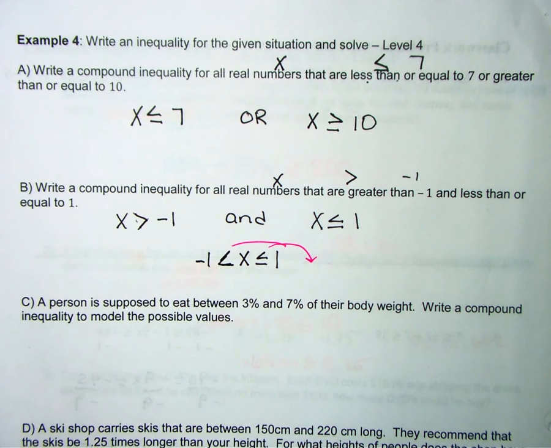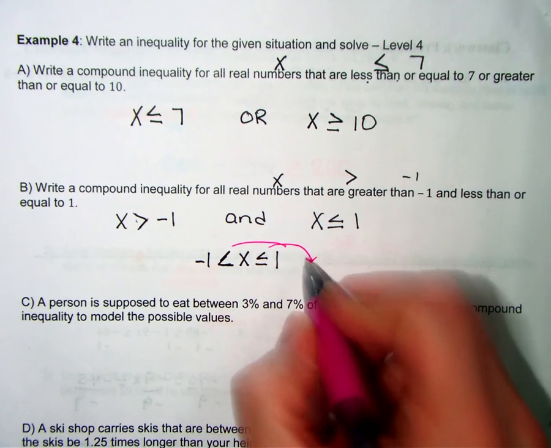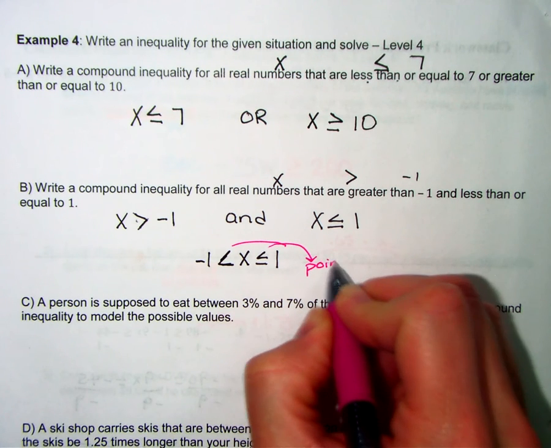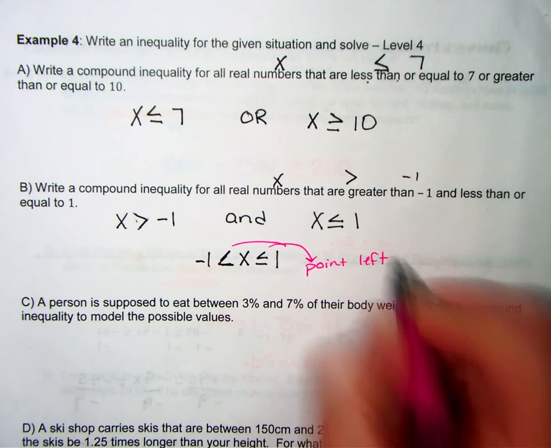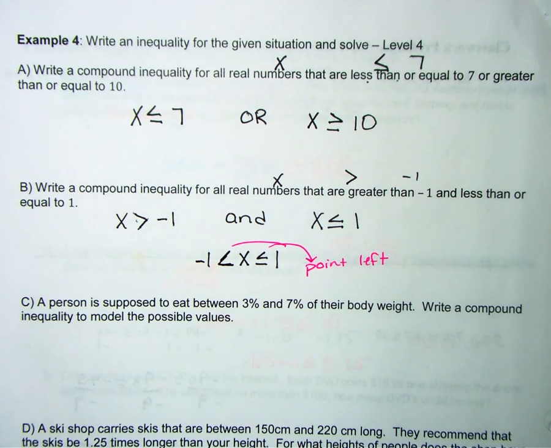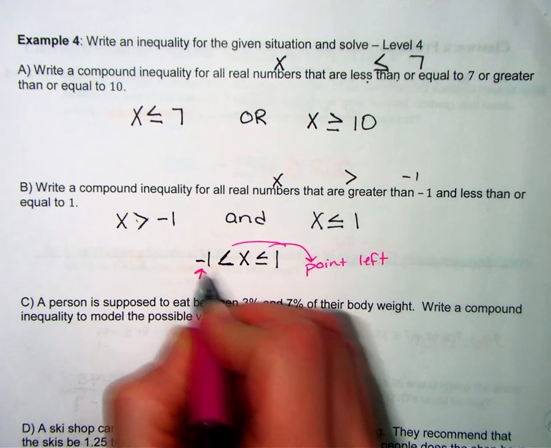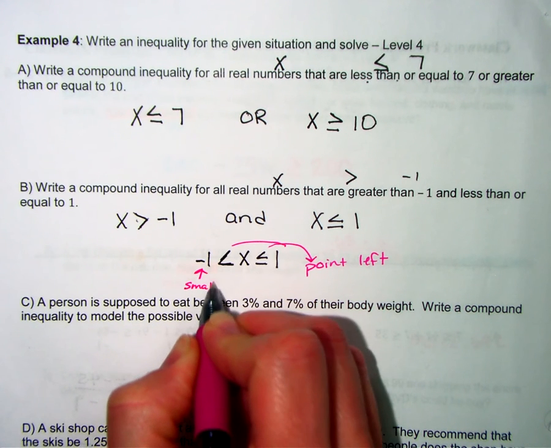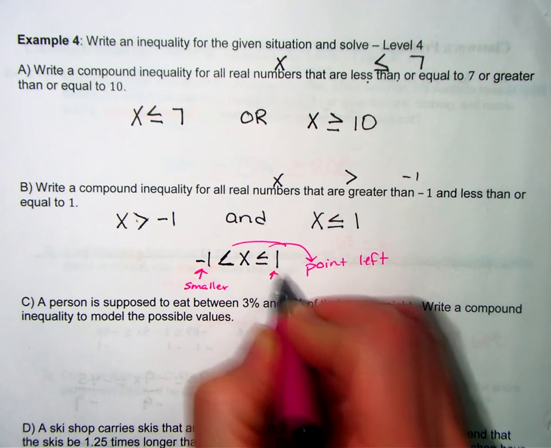So when they go together, they both look like less than symbols, so they both point left when we do ands. When we do them together, they should both be pointing left. For all ands? For all ands. Yep, these are all going to point to the left. The second thing I want you to notice is that the smaller number is here and the bigger number is here.